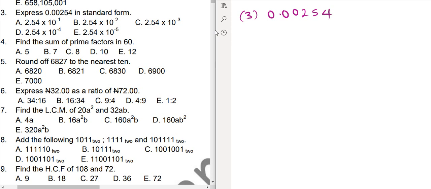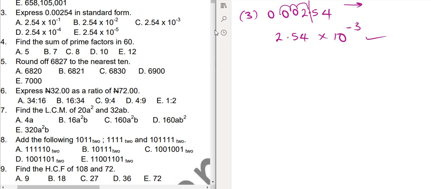I need to move the point here, right? Yes. So let's move: 1, 2, 3. We move 3 times for the point to come here. So that will be 2.54 times 10 raised to the power minus 3, because we moved 3 times in this direction. So it's minus 3.